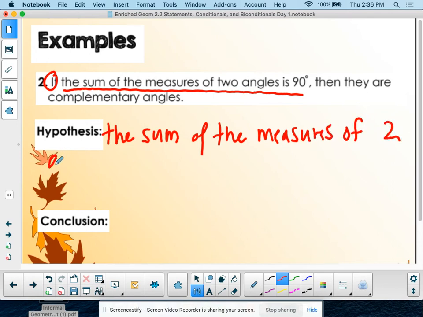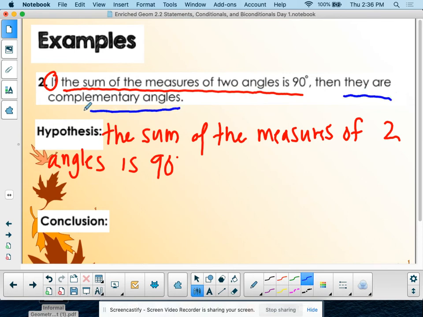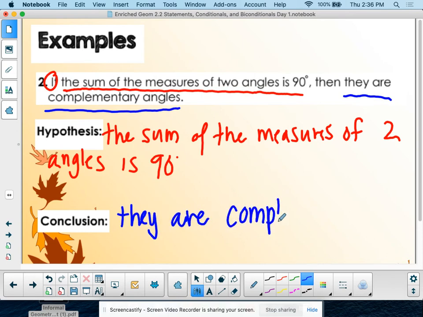Two angles is 90 degrees. What's our conclusion? Then those angles are complementary. So then we can write they are complementary angles. Okay?